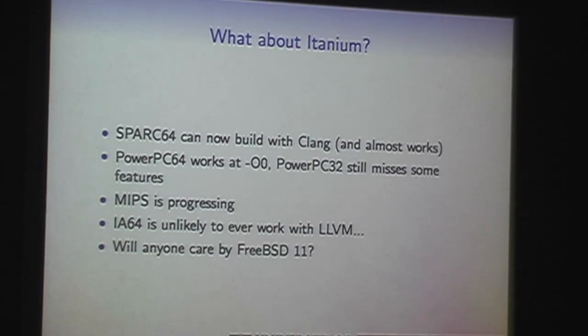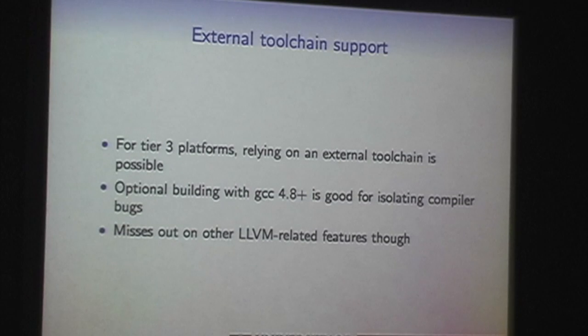Yeah, I don't know if there will be any Itanium users by the time FreeBSD 11 is out, but one possible way of fixing it is external toolchain support, and that's something that is mostly working. Brooks has worked on that, and I think probably Ed will do a bit more work on it soon.